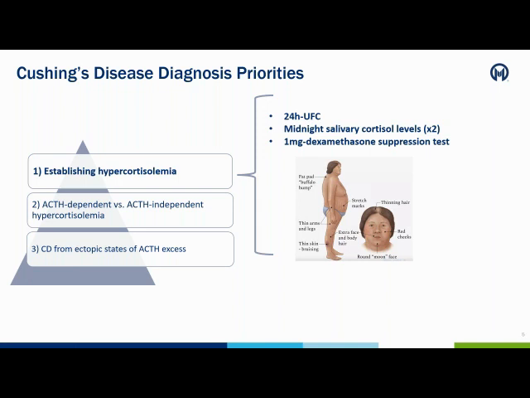More importantly, when trying to differentiate patients with pseudo-Cushing or physiological Cushing from true Cushing syndrome, it's very important to exclude other potential causes of physiological hypercortisolism, which may include PCOS, obesity, psychological or physical distress, and those include major depression and long-standing pain syndromes, as well as poorly controlled diabetes and obstructive sleep apnea.